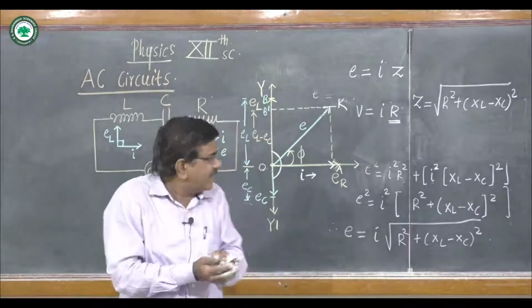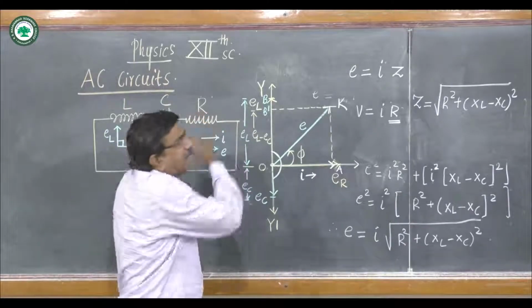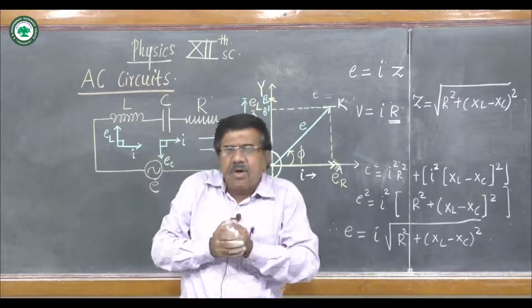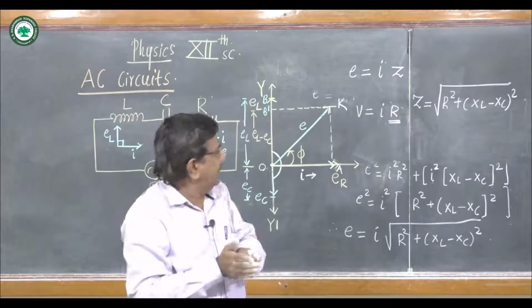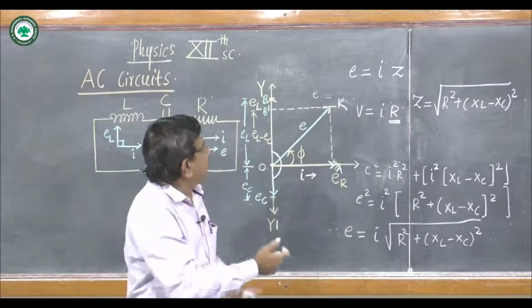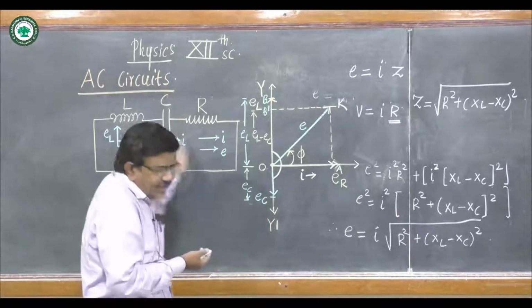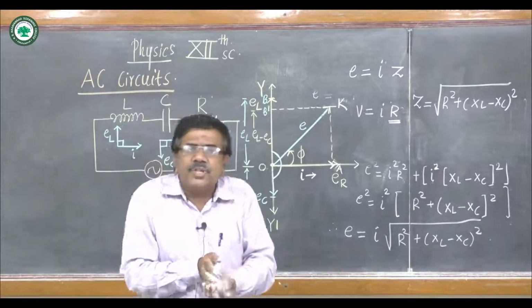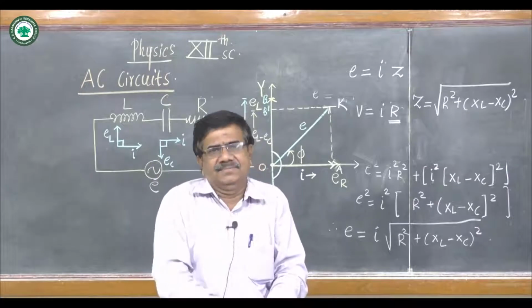It represents the effective opposition offered by the inductor, capacitor and resistor connected in series to the flow of AC current.